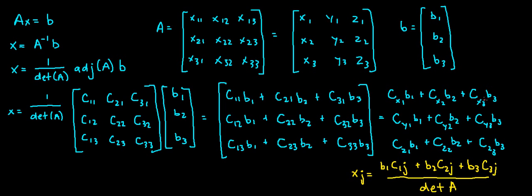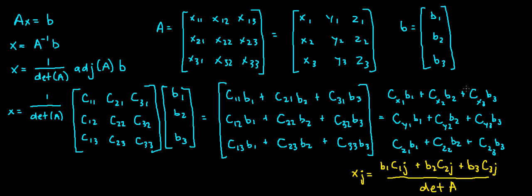If I look at this formula here, if I take the determinant from here, the cofactor of x1, cofactor of x2, cofactor of x3, to get the determinant I multiply the cofactor of x1 by x1, x2, and then x3. But here, this is multiplying the cofactors by b1, b2, and b3.